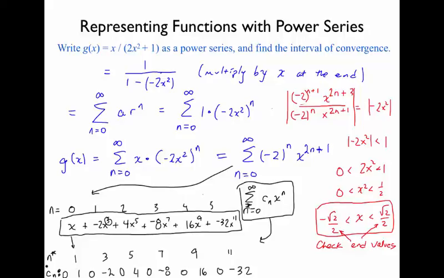So it's just 0 if n star isn't one of our values. This power series is only made up of odd powers of x, but if you write it in this form, you have every power of x. So whenever n is an even value, you're going to have a 0 coefficient, so there's no term.